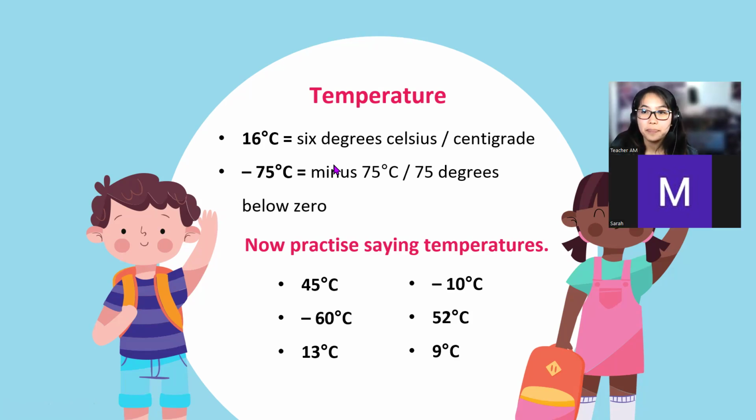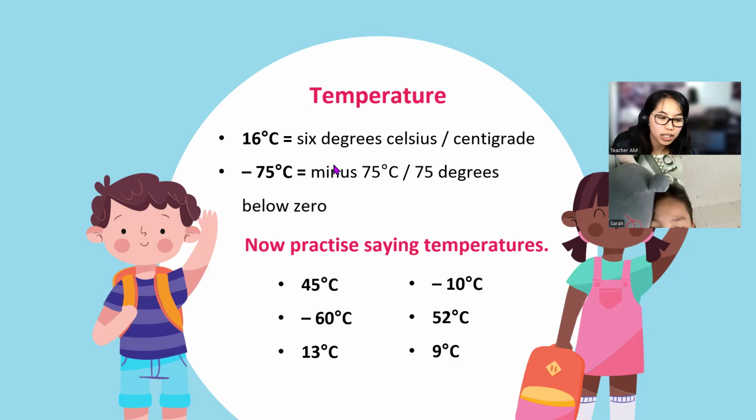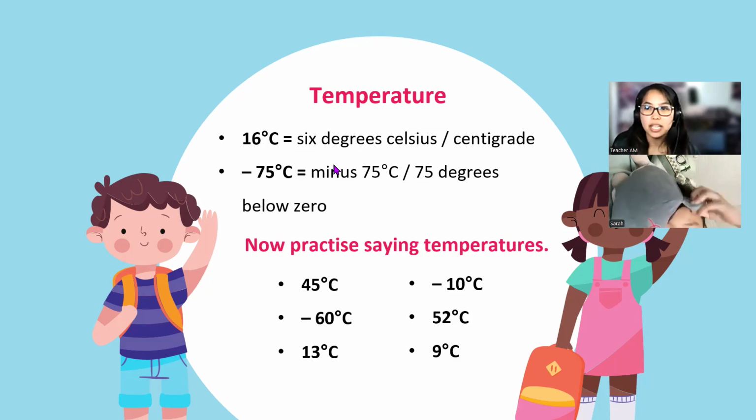Oh, by the way, Sarah, next time, so that you won't be late in our class, you can set a timer or an alarm clock 5 minutes before our class. Say, for example, our class is at 8:30, so set your alarm at 8:25 so that you will be prepared.